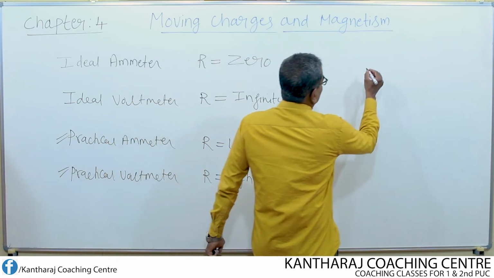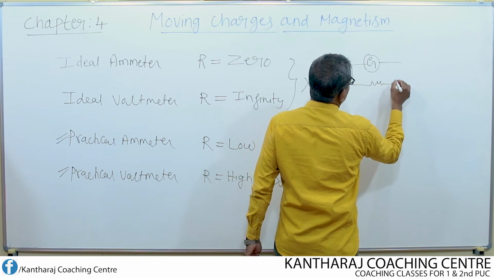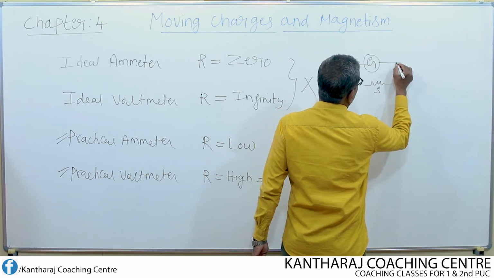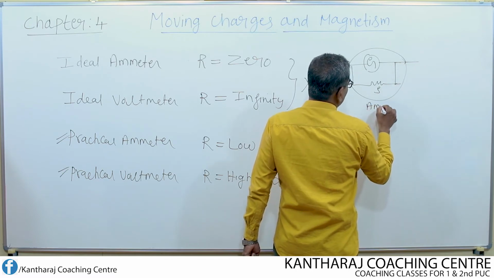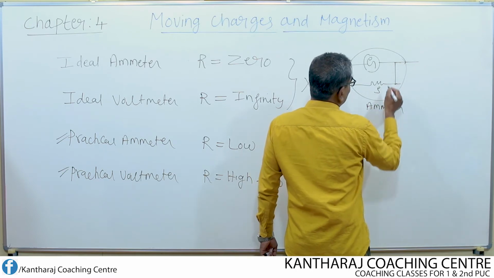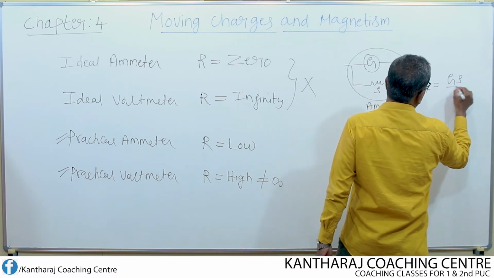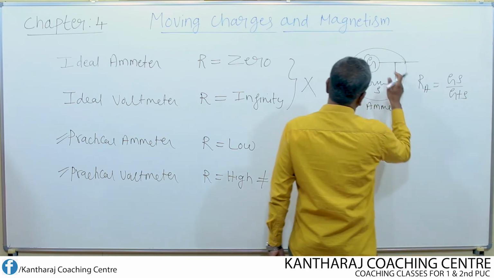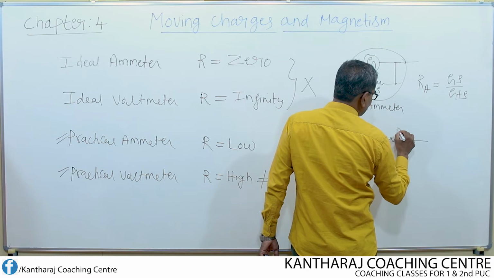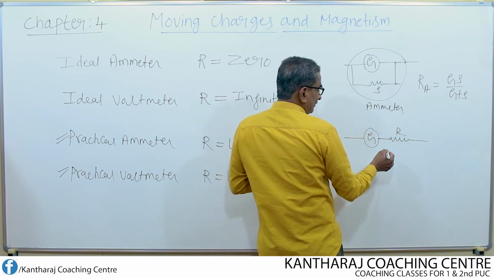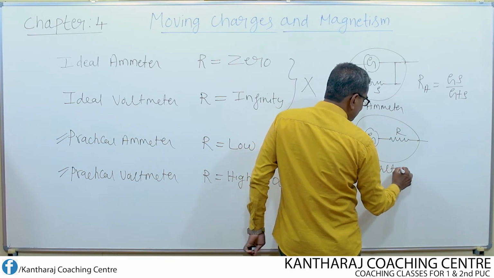And we know that to a galvanometer, if you connect one low resistance known as shunt in parallel, the combination acts like an ammeter. And we also know very well that the effective resistance of the ammeter Ra is equal to G into S divided by G plus S. Similarly, if the galvanometer is connected with a high resistance in series, the combination will act like a voltmeter.